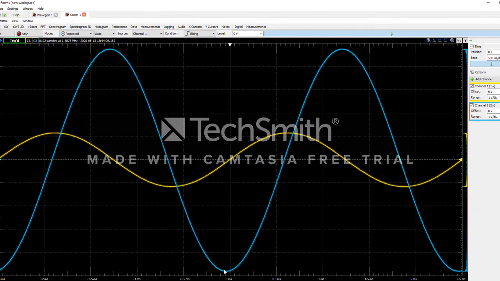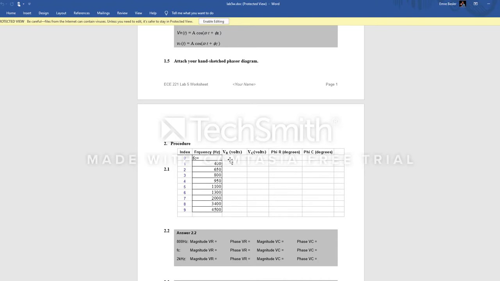The capacitor voltage is out of phase, as expected. It's the second channel, the blue channel. Now, what we should do is find the amplitude of VR, VC, and their phases in degrees.